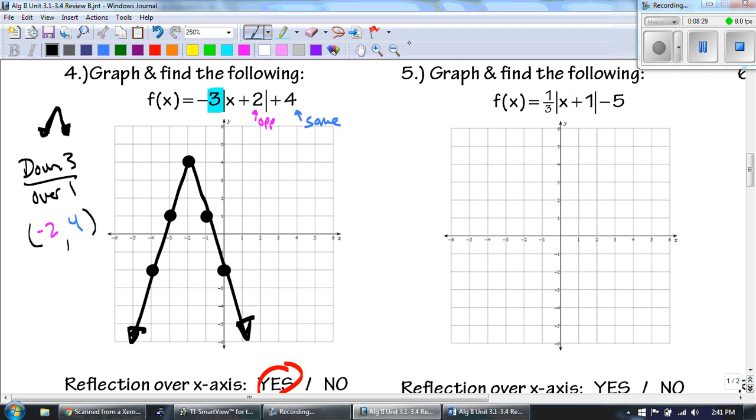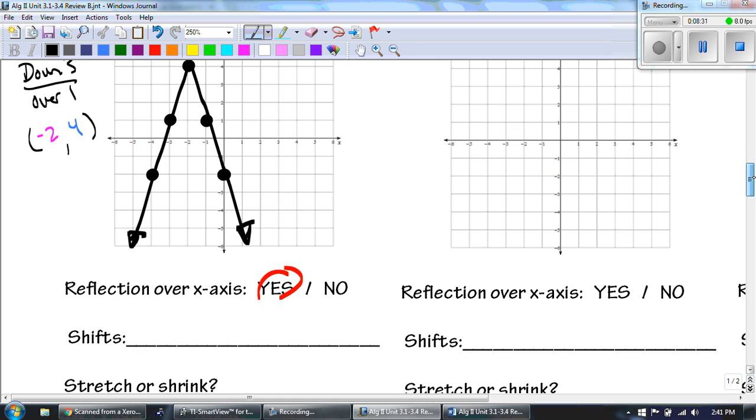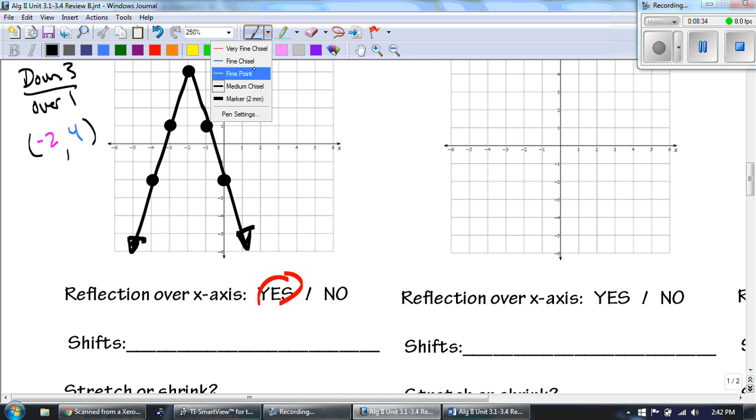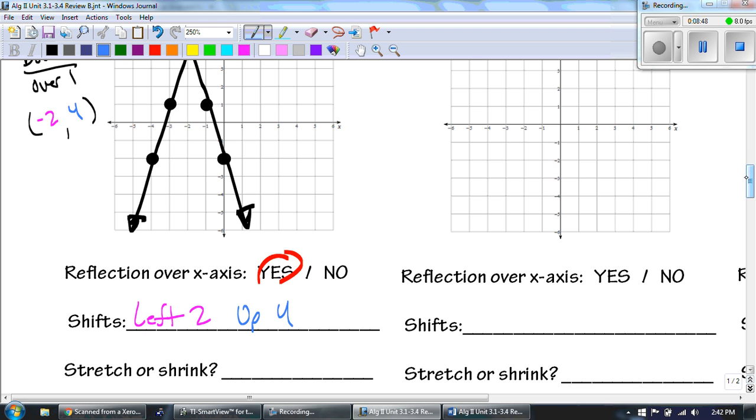All right, so let's see what the questions ask us. What was the shift? Well, we pretty much did the shift already when we found our vertex. My first number tells me to go left 2, and then we had to go up 4. Now, was it stretched or did it shrink?